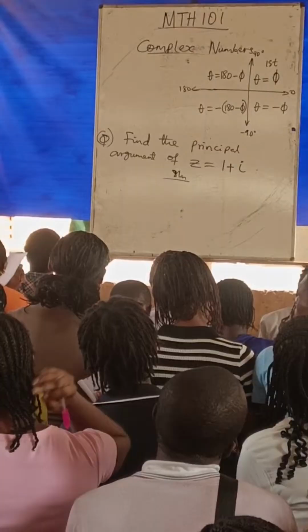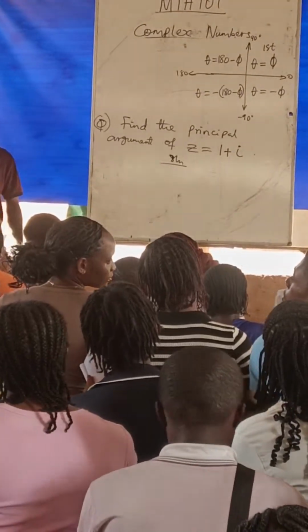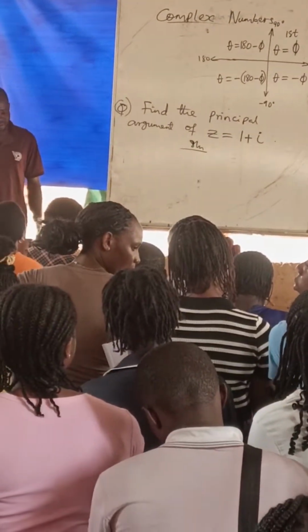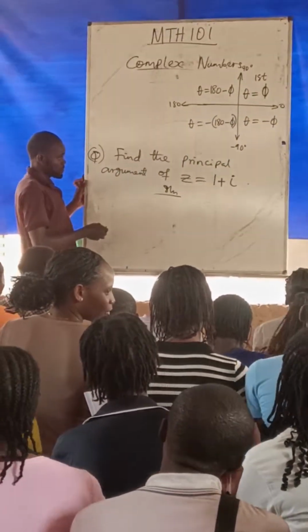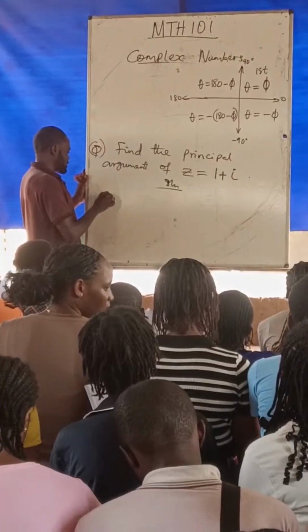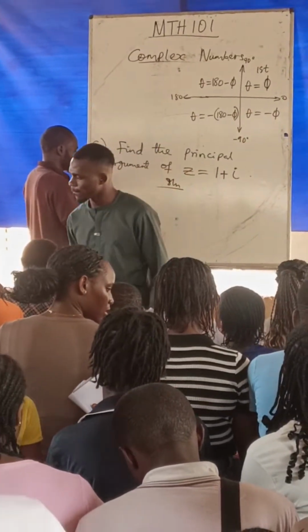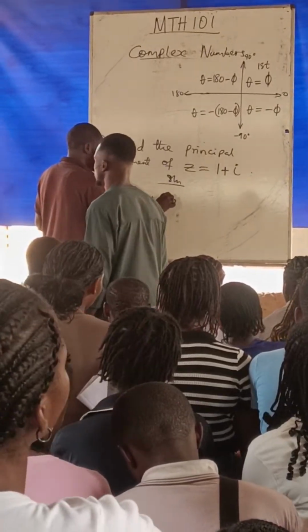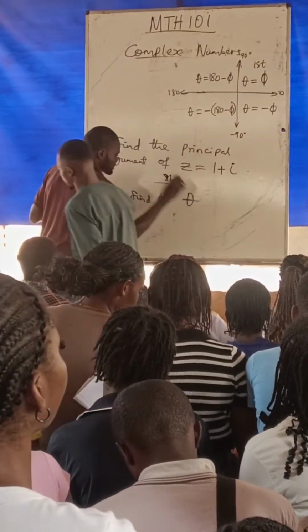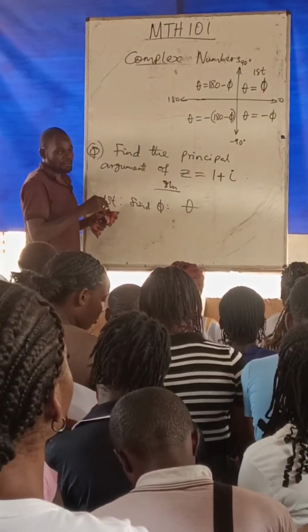Anytime you are looking for principal arguments, you look for the key, which is the reference angle. Don't just go straight and find your principal argument, so that you don't fall into temptation. The first thing you are going to do is find the reference angle before finding theta.